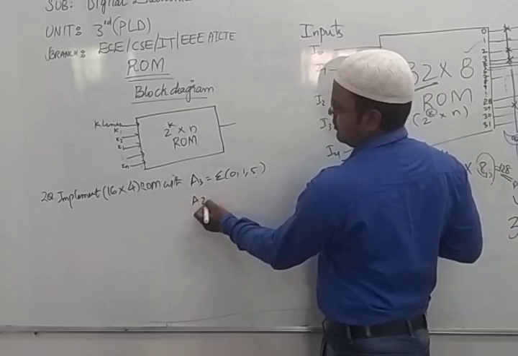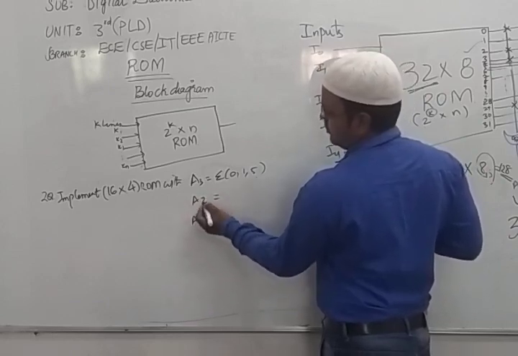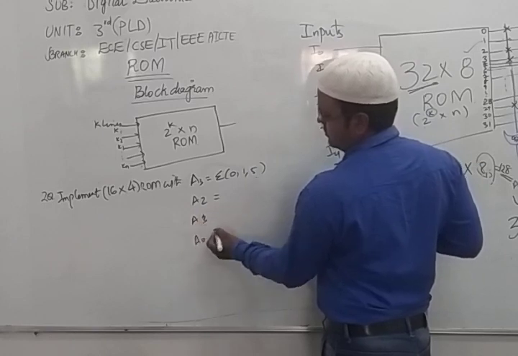So A3, A2, A1 and A0. These are the address values.